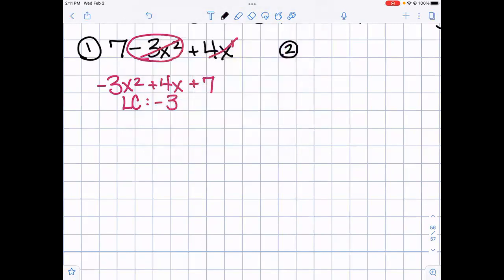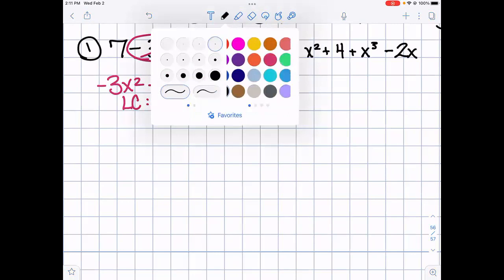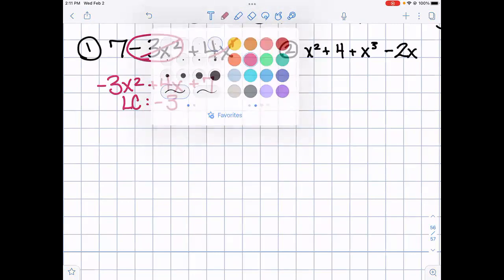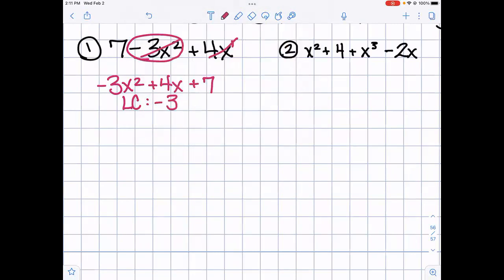All right, let's try another one. x squared plus 4 plus x to the 3rd minus 2x. See if you can put it in order. Write it down, don't shout it out. Should be from highest exponent to the lowest exponent.